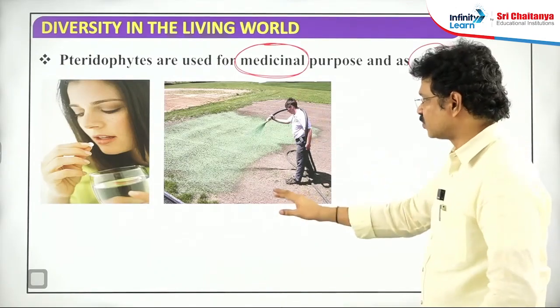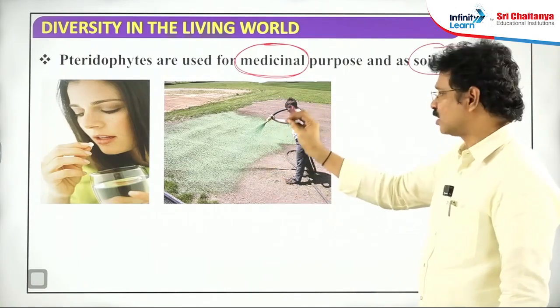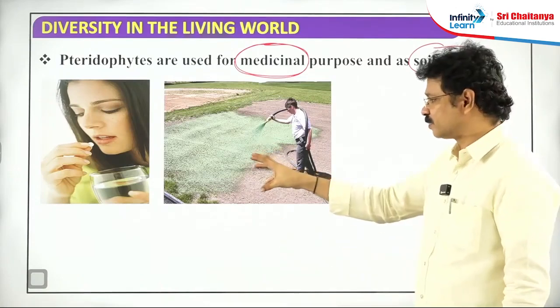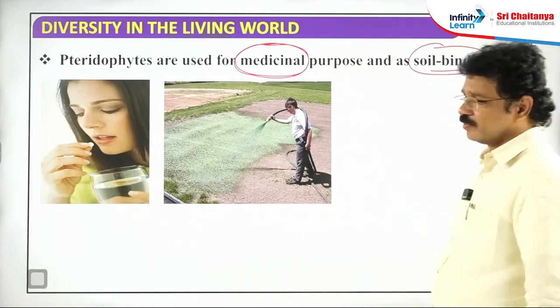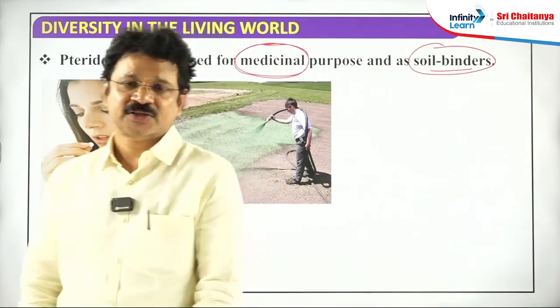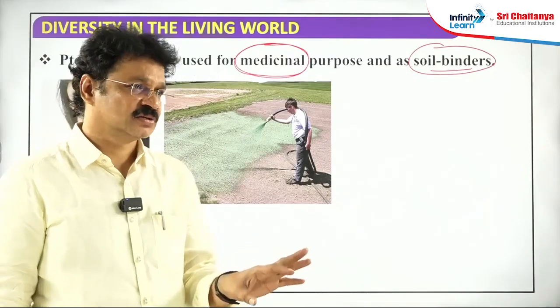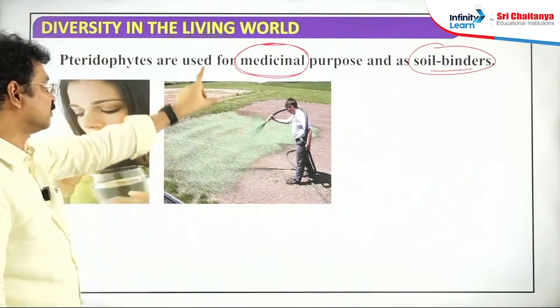To prevent soil erosion, pteridophyta plants are propagated, because their root system holds the soil, and such plants are called soil binders. Such roots are fixed in soil very strongly. Soil erosion is avoidable by using such plants.